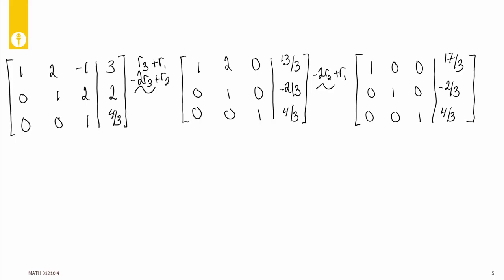And then the idea again is to write out what system that represents. Again, that system is equivalent to the original system. They have the same solution. No backward substitution required.